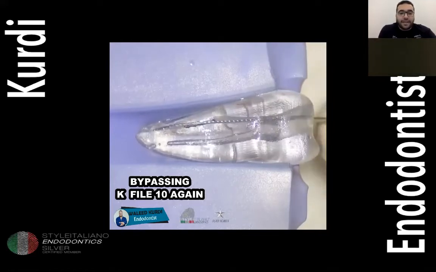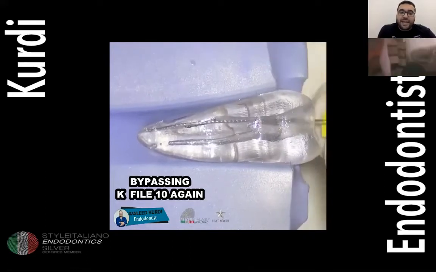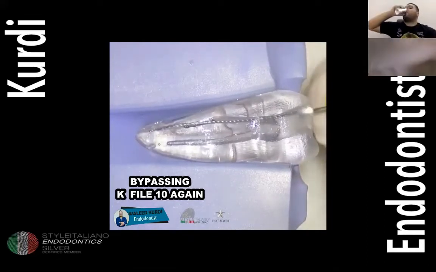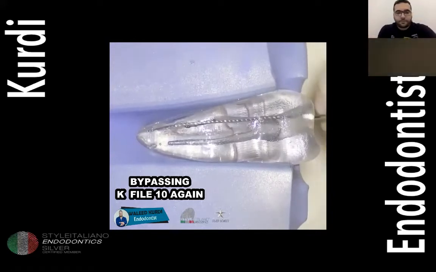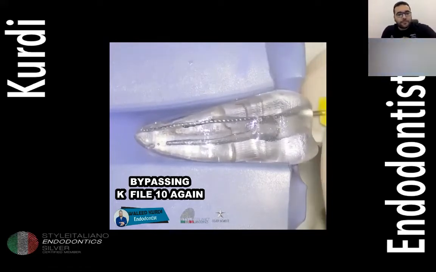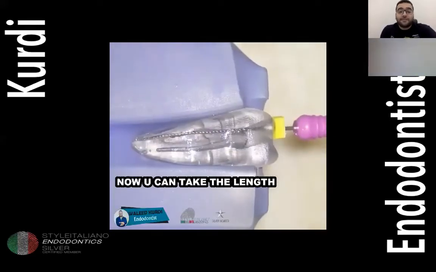Here with K file number 10 again, I can advance more inside the canal, and you can see with very, very gentle apical pressure, I can reach the full working length. Yes, we are now reaching the full working length. We can take our length.